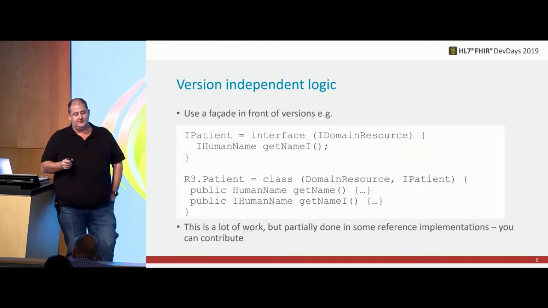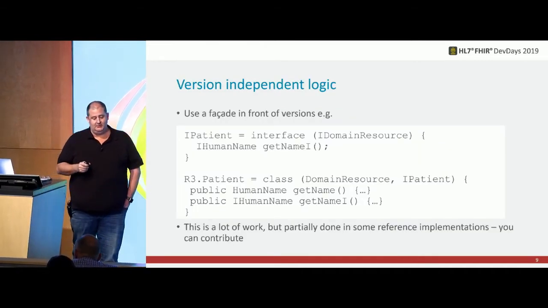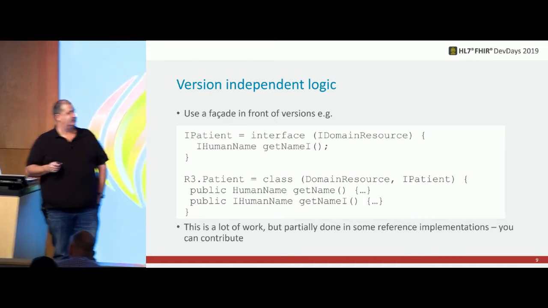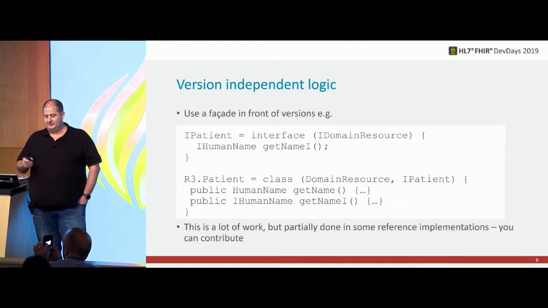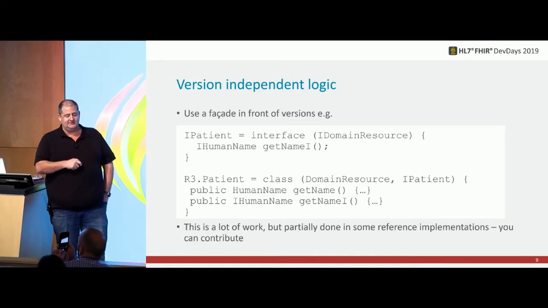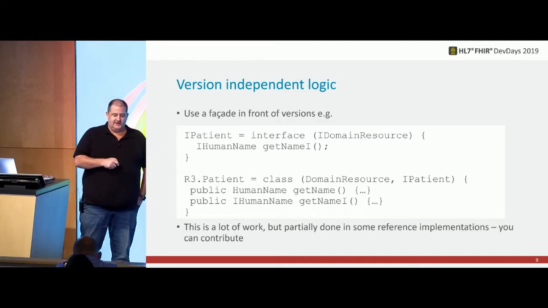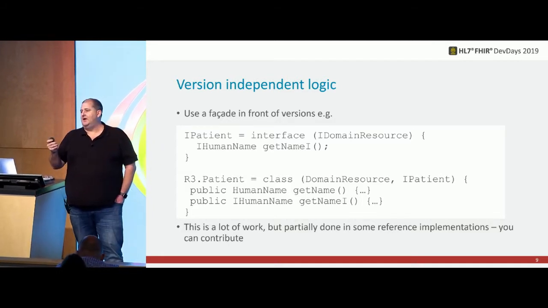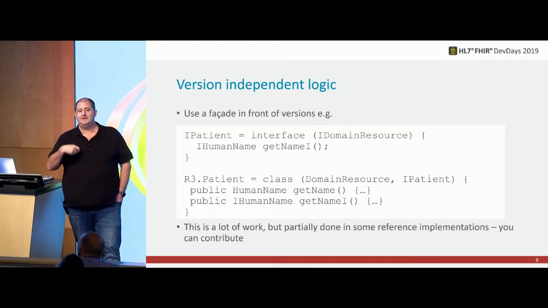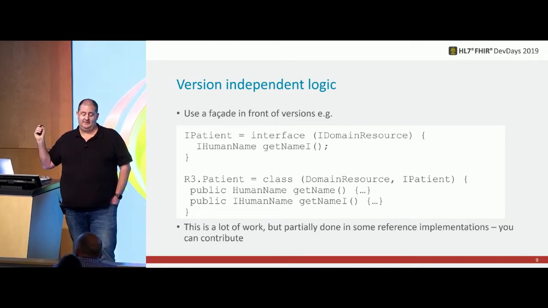Another thing you can do, which we have code to do, is to put a facade in front of the versions. So you say, rather than convert between the versions, I'll write a facade. So basically the idea is you have a patient, and you say, look, if I look across all the versions of patient, I see the common stuff that I care about, and I don't care about the other stuff.